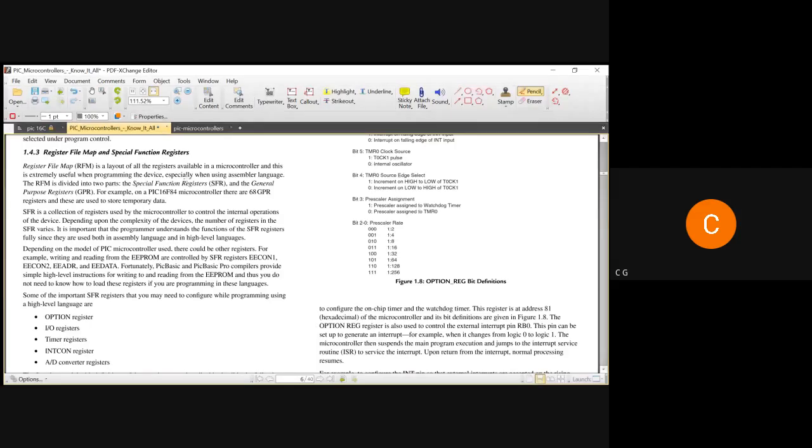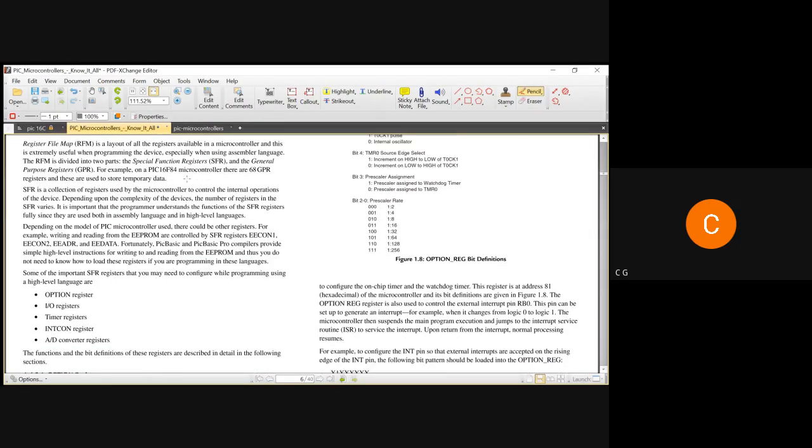Whenever the RAM is available, it will be distributed so that these are the control registers, these are the special function registers, then there is a user area and so on. Okay, so this way the mapping is done, and within that mapping, special function registers and general purpose registers are fabricated or mapped onto the memory, and then they are assigned particular bit values and memory address values.